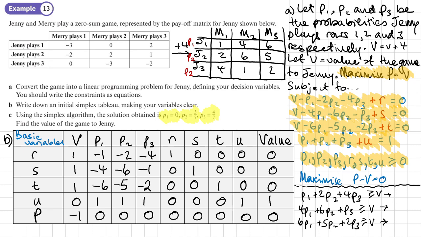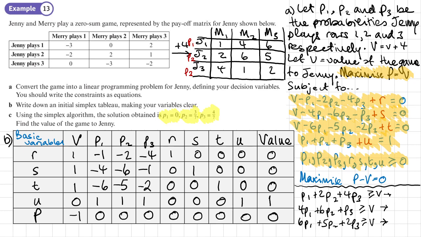So if I start with the first value, so if I substitute 0 for P1, 3/7 for P2 and 4/7 for P3, that will give me 22/7. So 22/7 is greater than or equal to V. Now I'm just going to flip that around so that V is less than or equal to 22/7. So just flip it around, it's going to be easier to work out.